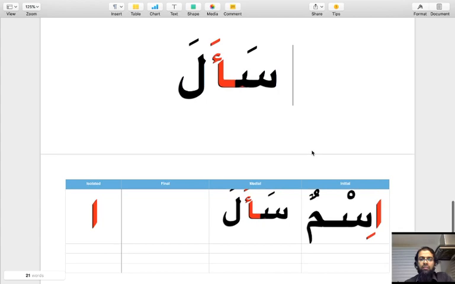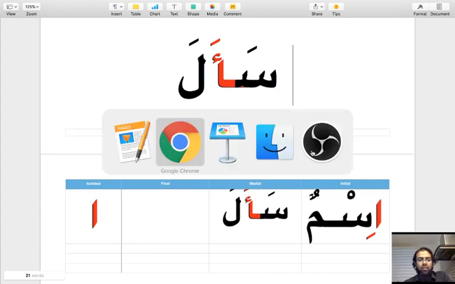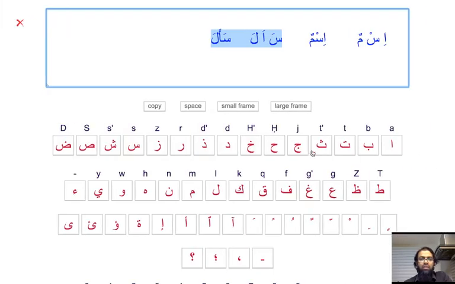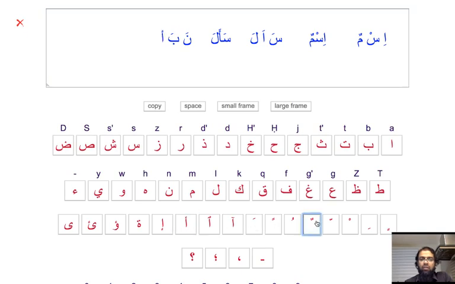So sa'ala, and we'll look at how alif is written as the last letter of a word, and the word I'll be using is naba'a, which means news. So na, ba, or naba'un, which means news, naba'un.